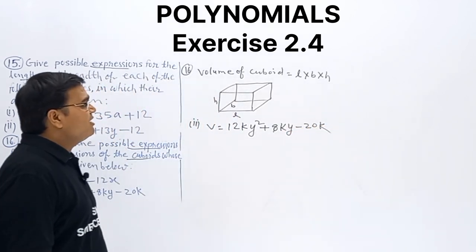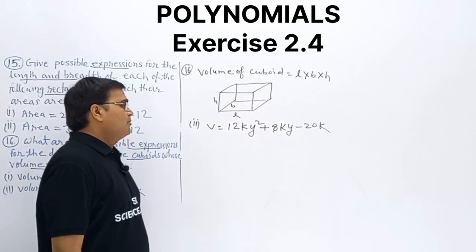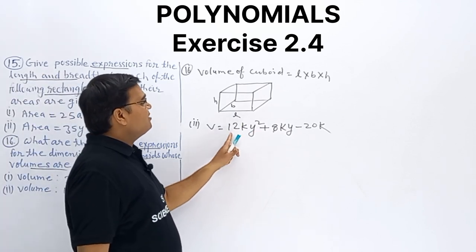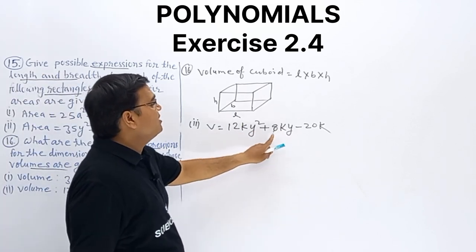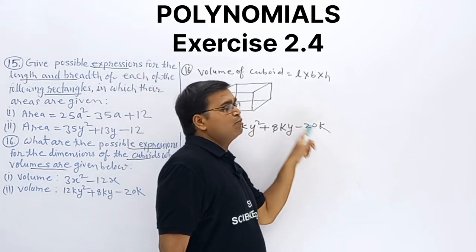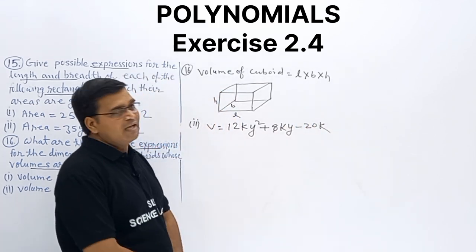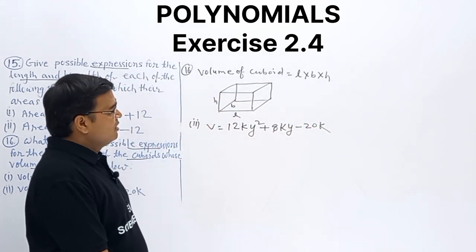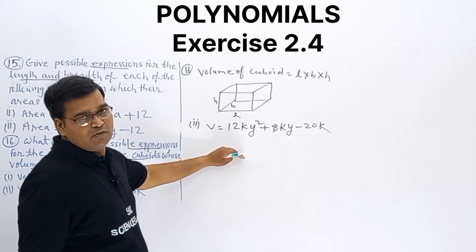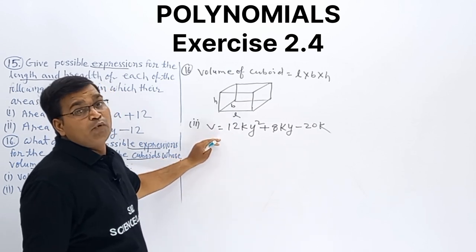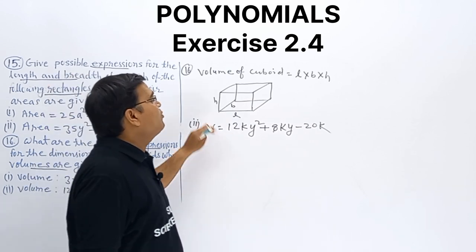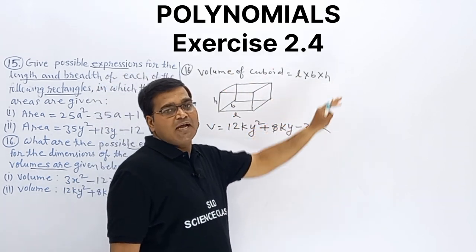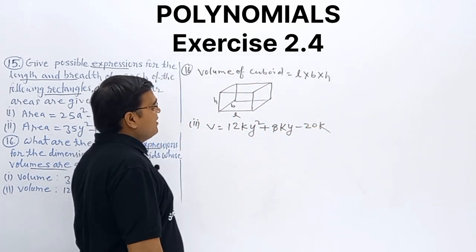Clear? Variable is y. Y square coefficient is 12k, y coefficient is 8k and constant term is 20k. It is a quadratic polynomial expression. So its factors will show its volume, and volume of cuboid is length into breadth into height. Clear? So we will factorize this one.